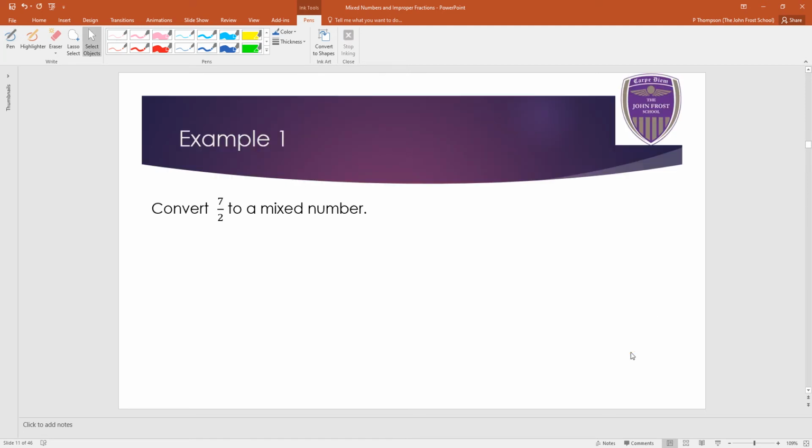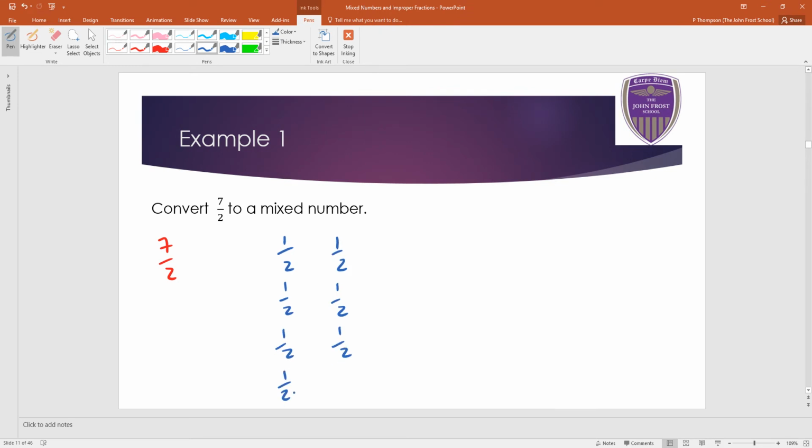So if we look at this one now, we'll try to do this one maybe without drawing a really detailed picture. We're given 7 halves, which is an improper fraction, and we're asked to turn this into a mixed number. What I tend to do initially when I'm learning this topic is to draw a picture. 7 halves literally means 7 halves. So 1, 2, 3, 4, 5, 6, 7.